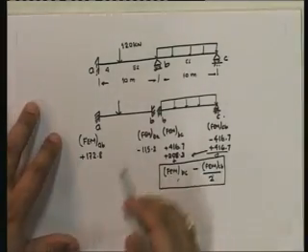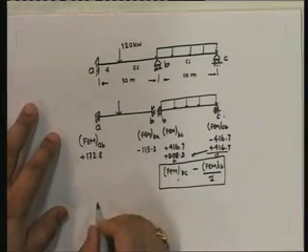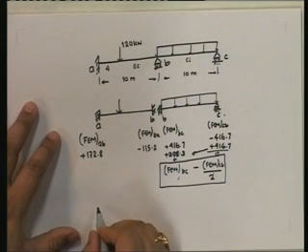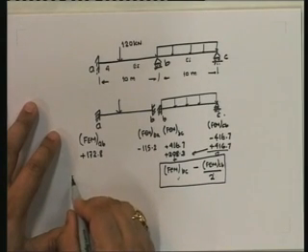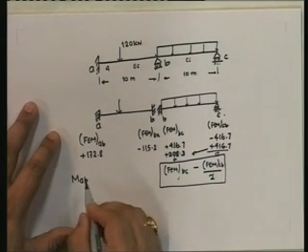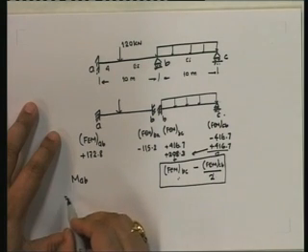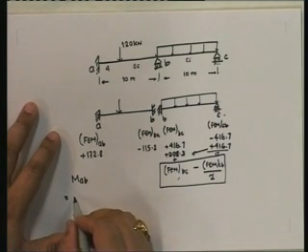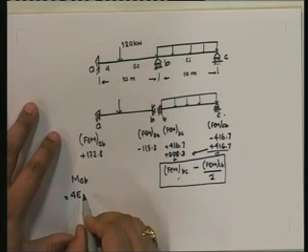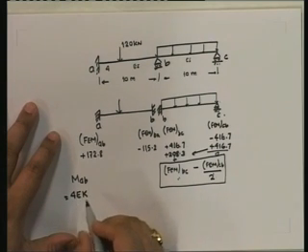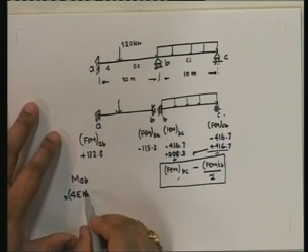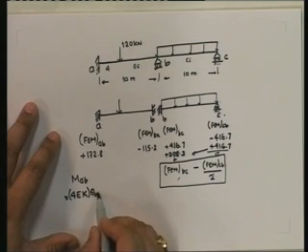But let us look at what the other things are. These are the fixed end moments. What is MAB? It is equal to 4EI by L, which I call K, times theta AB.